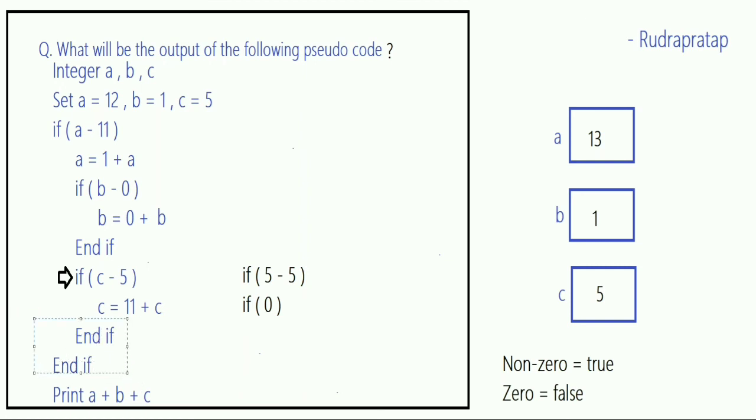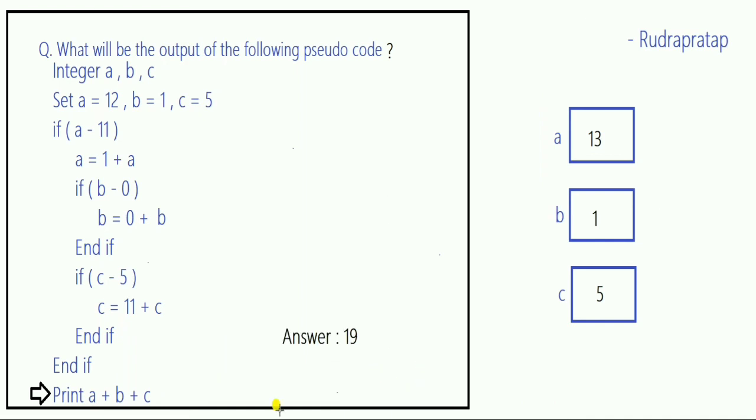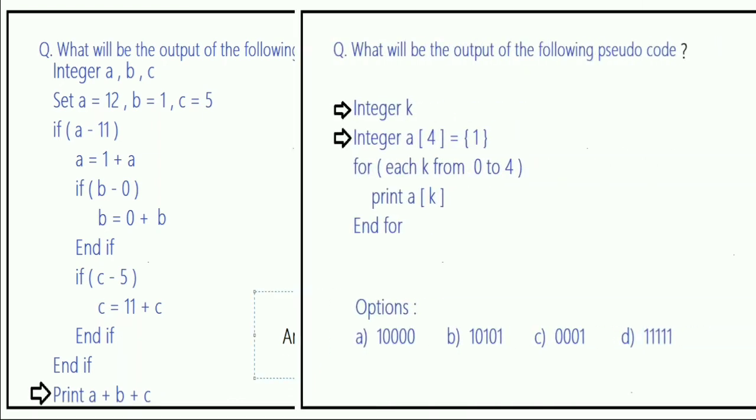After that we have the statement print a plus b plus c. The value of a is 13, b is 1 and c is 5. So 13 plus 1 plus 5 is 19, and we got our final answer, which is 19. So let's move to the next question.